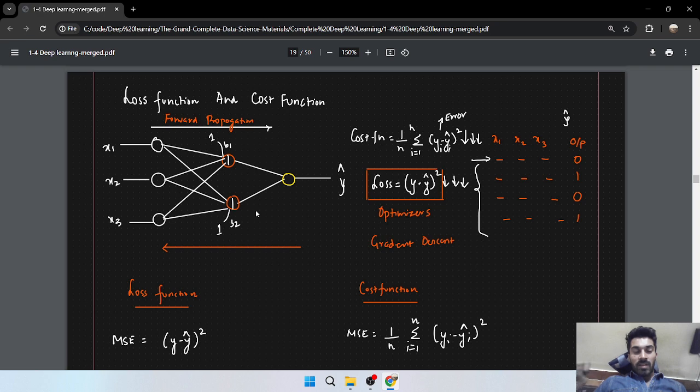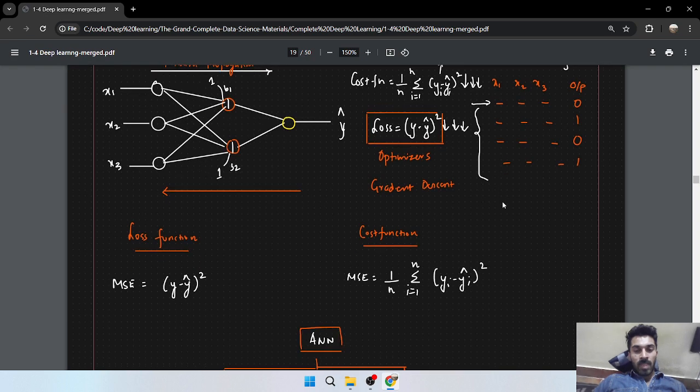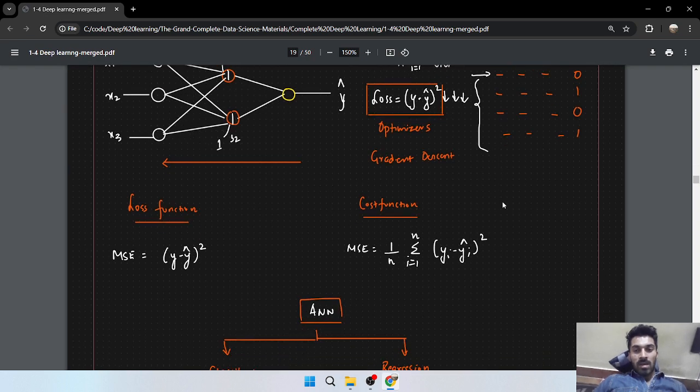If I ask what is your cost function, you will tell the summation of all your losses from the previous stock market. So we have to remember these words: loss is for one day, or one data point, and cost is the summation of all the losses.